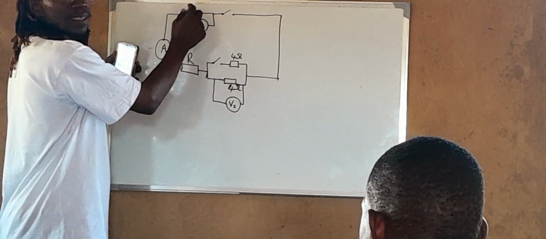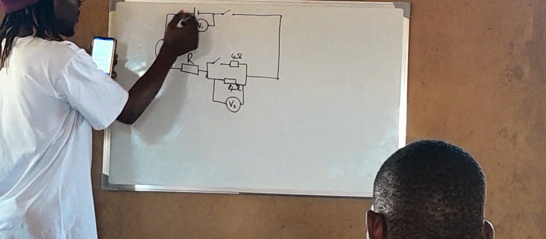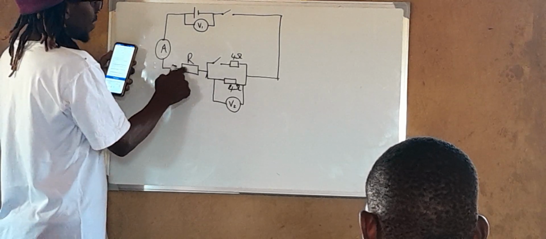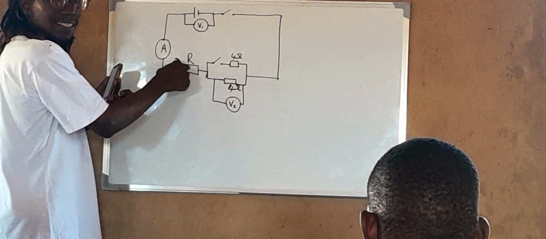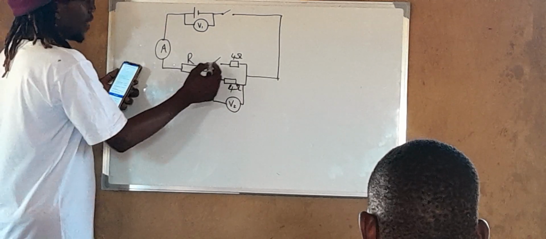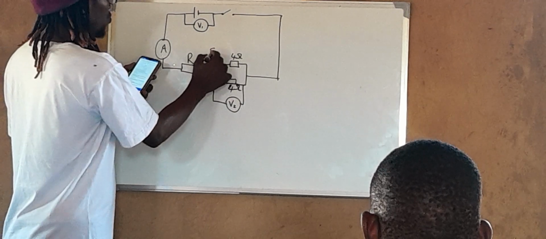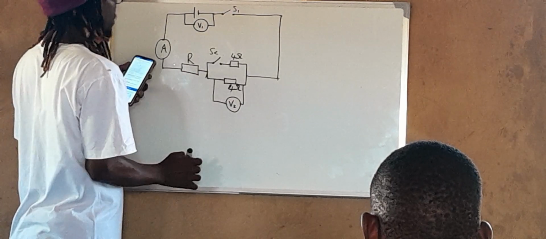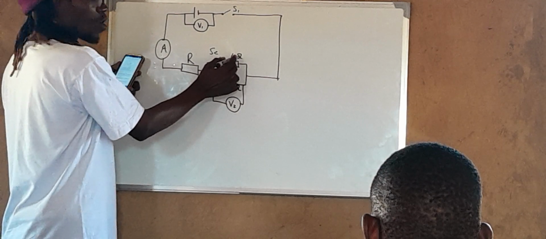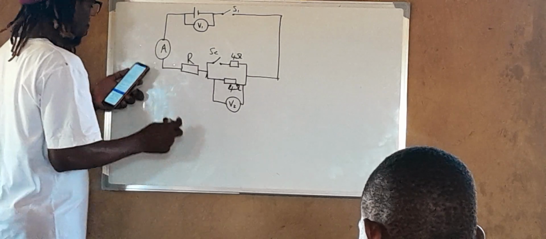This is the voltage measuring, and this is the current measuring. And this is another resistor in series, whose value is not given, just R. This is another switch, so this is switch 2 and this is switch 1. They say here it is 4 ohms, here it is also 4 ohms, and this is voltage number 2.